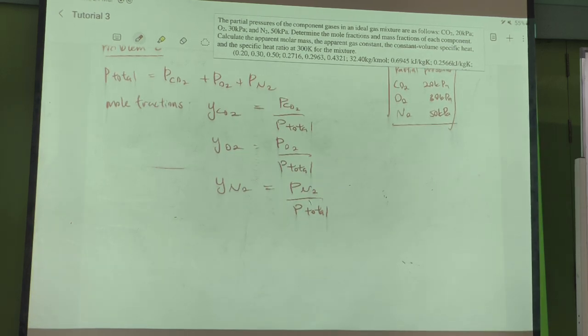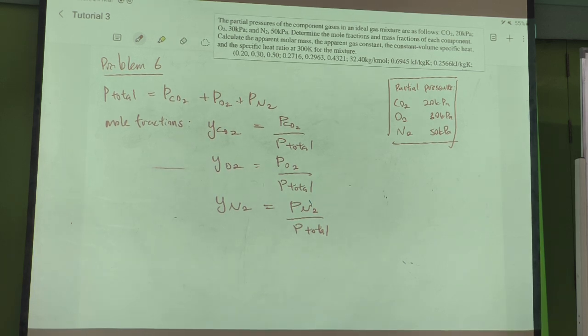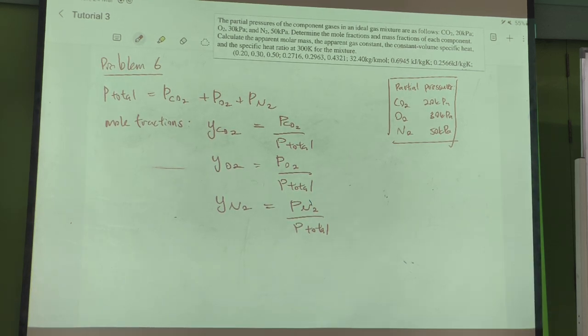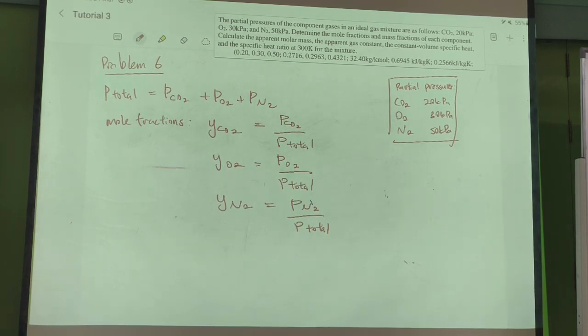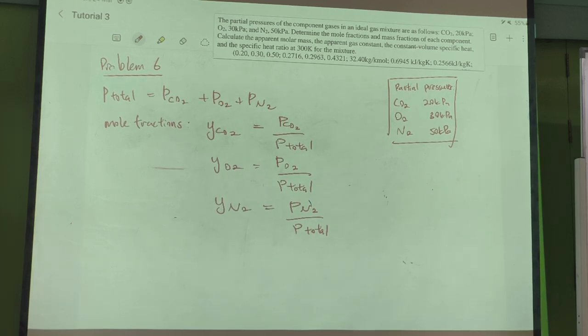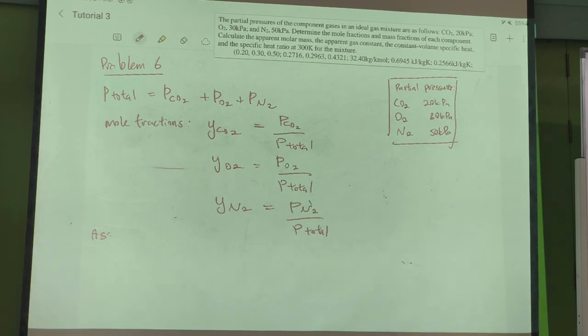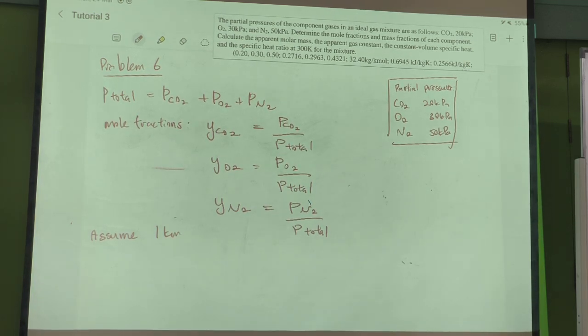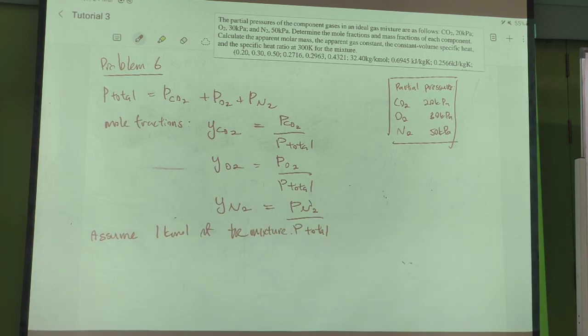So once you have obtained mole fraction, now you can find mass fraction also. But how? Usually if we convert mole to mass, we need to assume something, because everything that we have here is just fractions. We don't have the actual mole, we don't have the actual mass. So what you can do here is just assume 1 kilomole of the mixture, because ultimately you are just finding the ratio, so it doesn't matter.